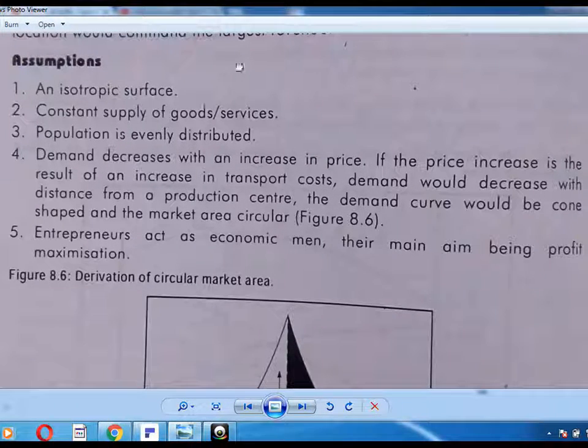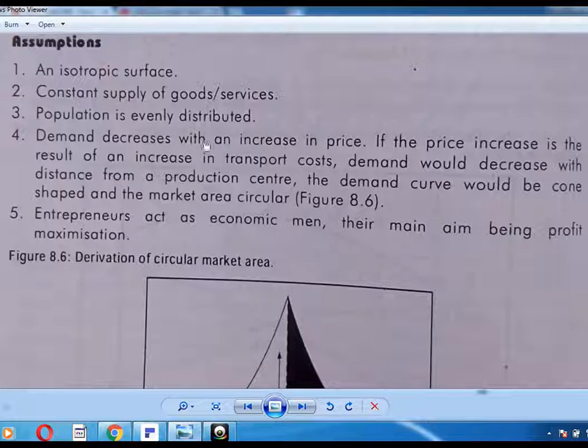Here he gave some assumptions. An isotropic surface, constant supply of goods, and population evenly distributed. Demand decreases with an increase in price, if the price increase is the result of an increase in transport cost.